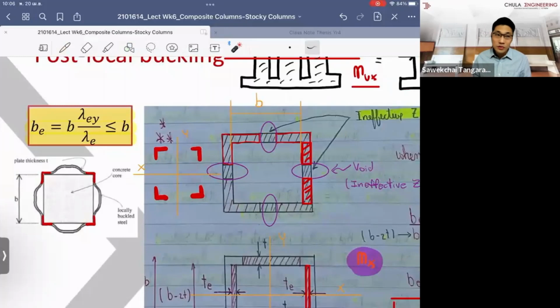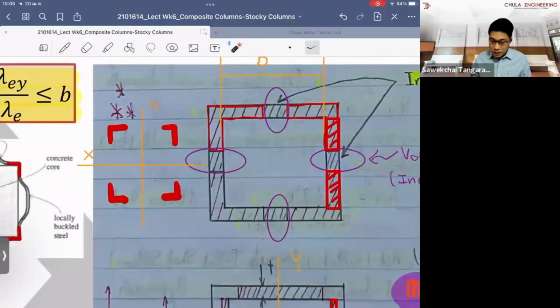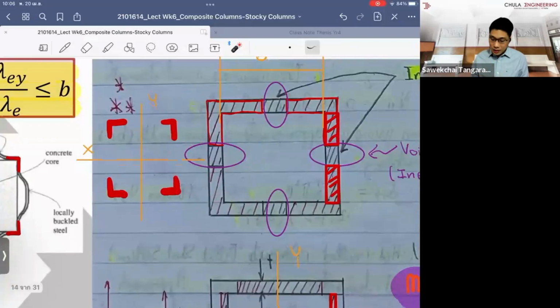If you remember what you did for the concrete design and the standard steel design, you have to vary the level of the plastic neutral axis from the bottom up to the pure bending, which I'm going to talk about next. And when there is a void, it will make your calculation quite tedious, right?